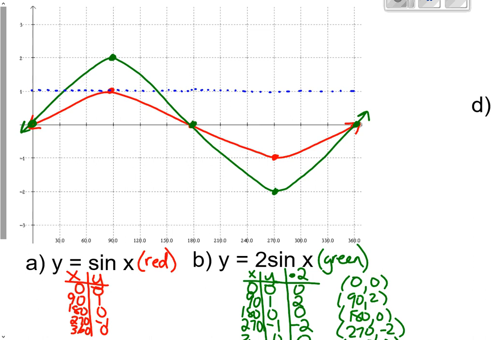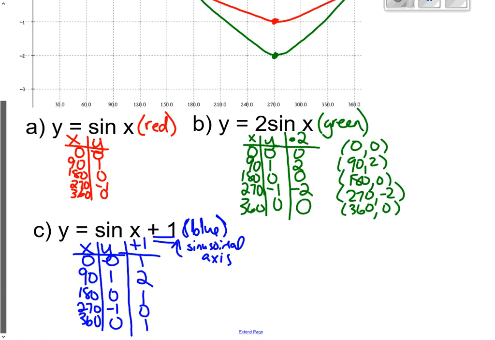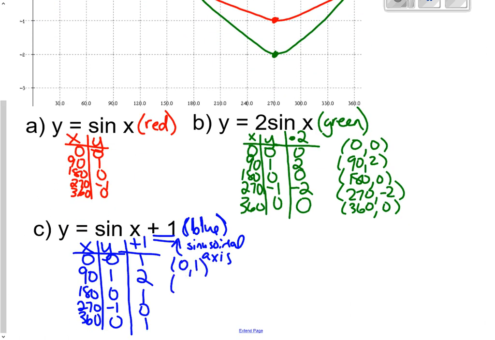All right, so my first point starts now at 0, 1, and then 90, 2, 180, 1, 270, 0, and 360, 1.